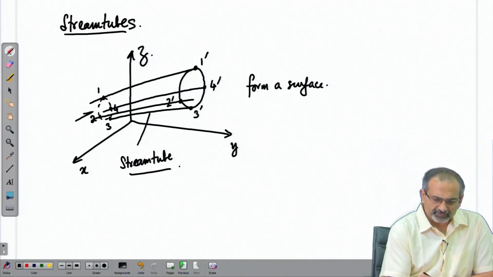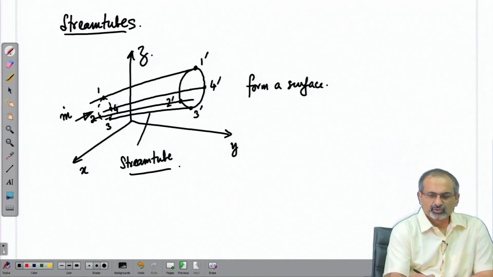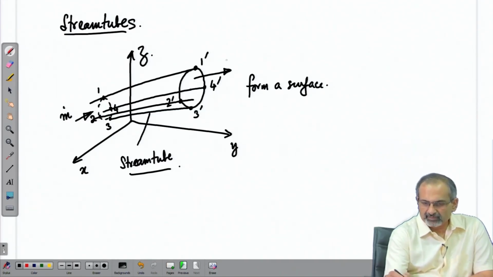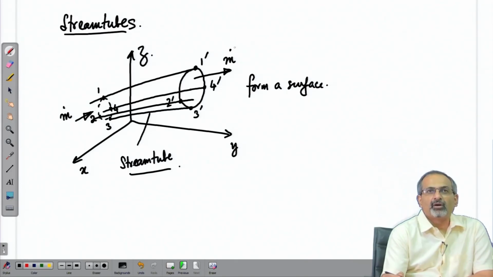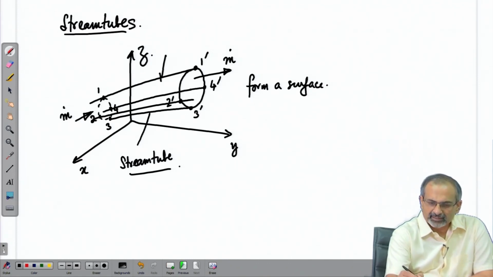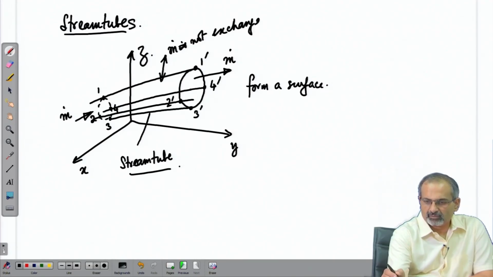Therefore, whatever mass flow enters through the dotted circle containing the points 1 to 3 will move out of the solid curve 1 dash, 2 dash, 3 dash, 4 dash at a later point of time, and therefore, it is acting like a tube which carries the same mass flow rate. That means, there is no mass exchange possible across the stream tube.